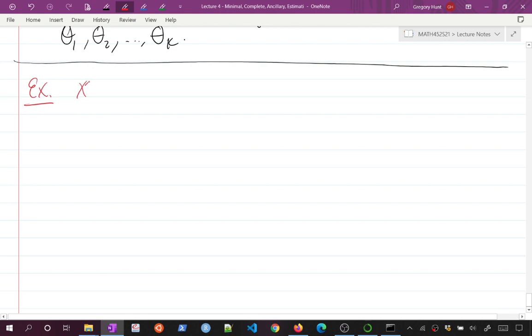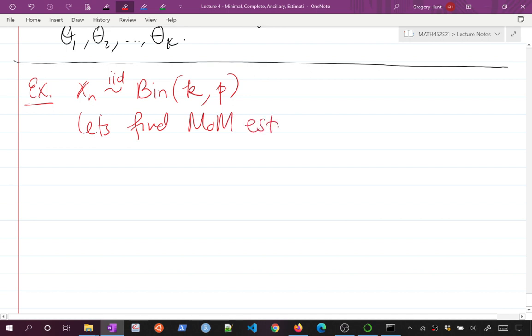So here, let's assume that our data comes from a binomial distribution with the number of trials k and the probability of success p. And let's find method of moments estimators for k and p.